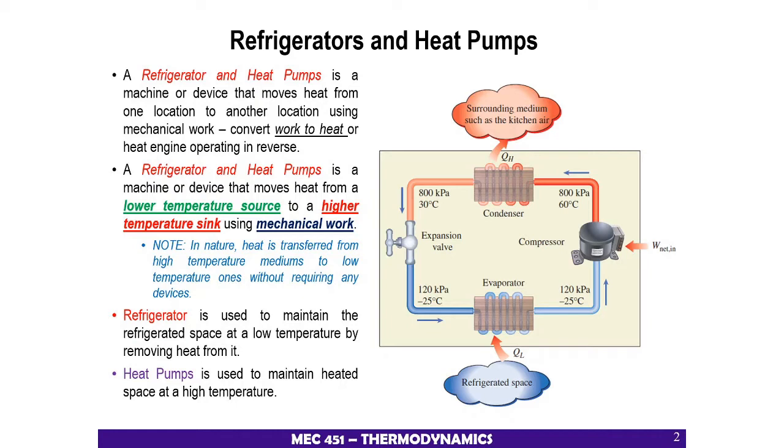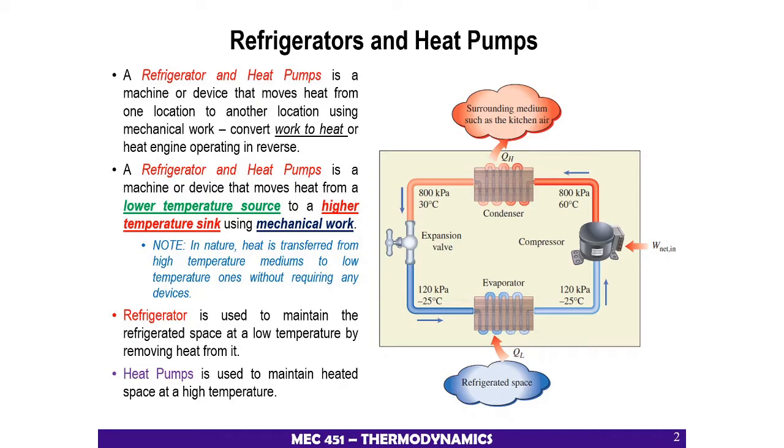So a refrigerator and heat pump is a machine or device that moves heat from one location to another location using mechanical work, that converts work to heat, or a heat engine operating in reverse. So basically, as we know, heat will transfer from a hotter place to a colder place.